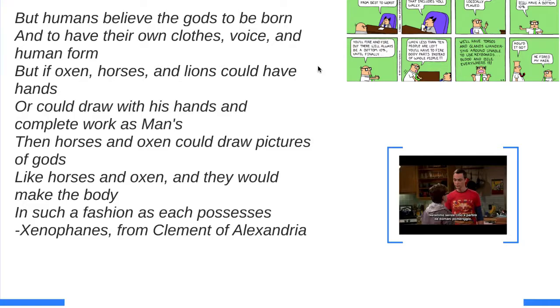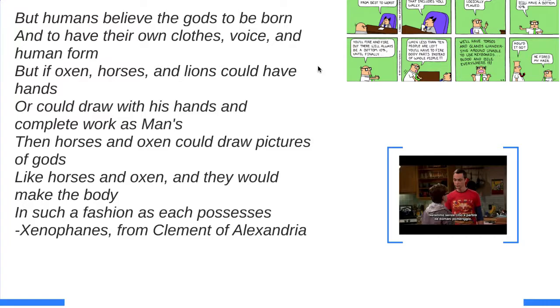He's explaining that those pagan gods cannot exist because they are created by humans. If animals could create things, they would create gods to look like themselves too. If a pig would create a god to look like a pig, who's to say a human creating a god that looks like a human would be any more valid than a goat having a goat god?